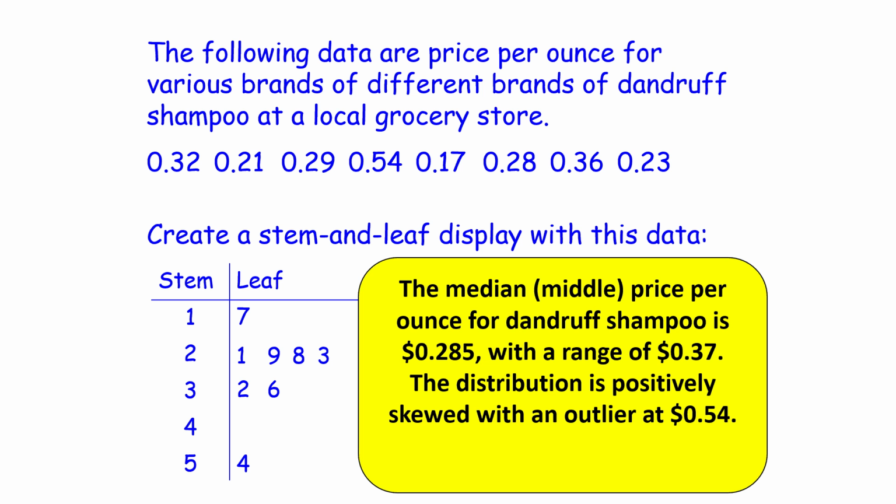The distribution is positively skewed with an outlier at 54 cents. Because there is an outlier, that is why we use the median instead of the mean, because outliers throw off our mean value and make it so that it is not representative of the population.